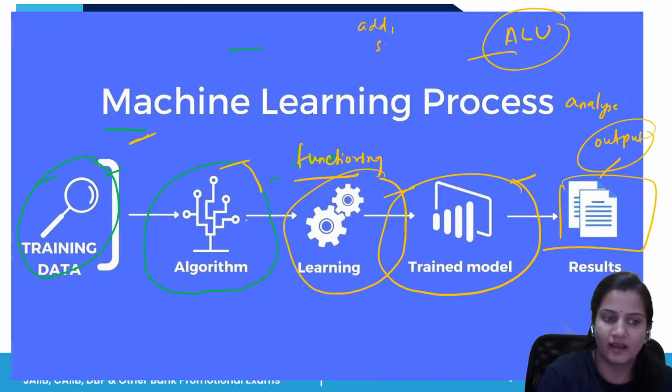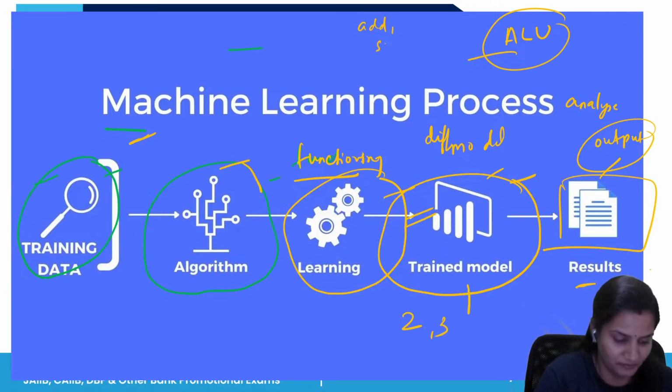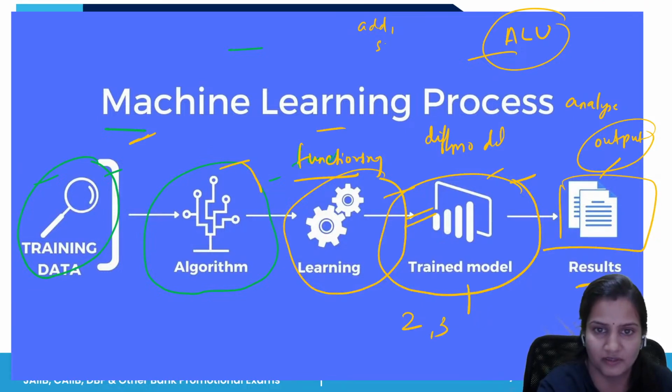If not, then again you will train the data, you will train the model. You will apply a different model. If the model is not working properly, you will apply the second model, the third model, different models, until you get the desired result. Clear? So this is how the machine learning process works.